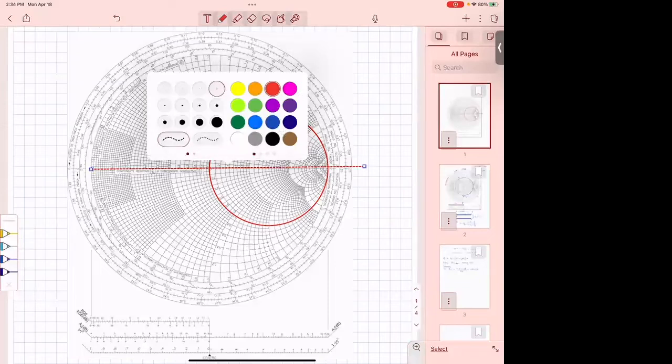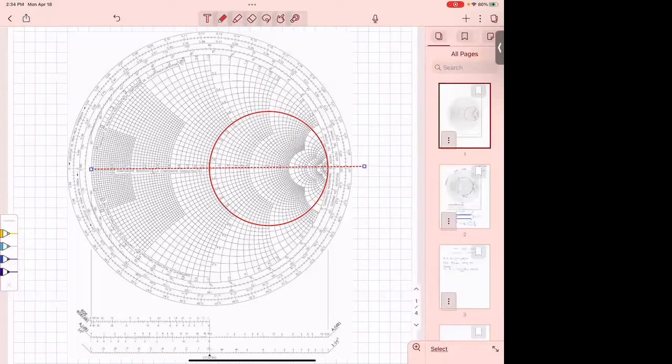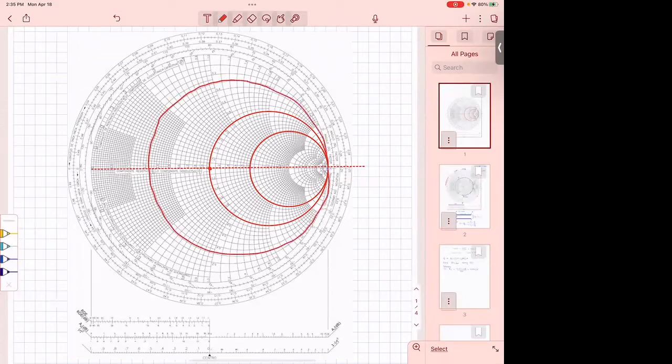And then they are all tangential to this point. So this is one that goes through the center of the chart. You will see that we are going to use this circle quite a lot. And then there is another one here, and then there is a bigger one here somewhere. There. Okay.